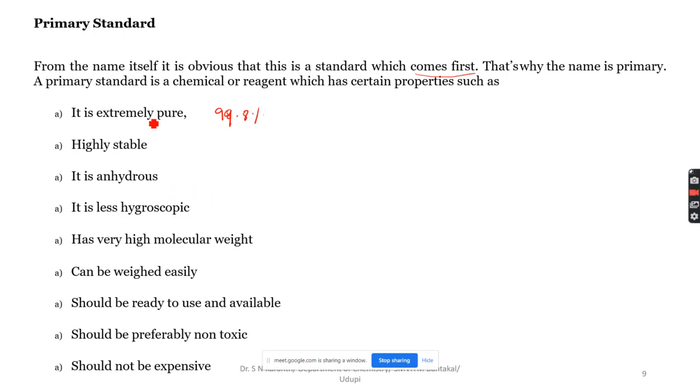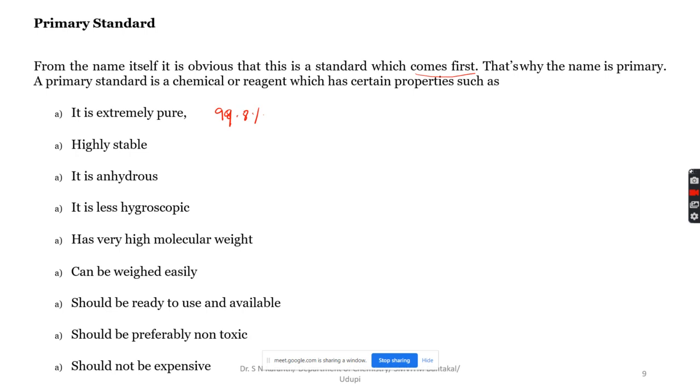The first thing is it is extremely pure. It should be extremely pure, highly stable. It should not react with any atmospheric content. I'll explain that later, I'll just take the points. It is anhydrous in nature.